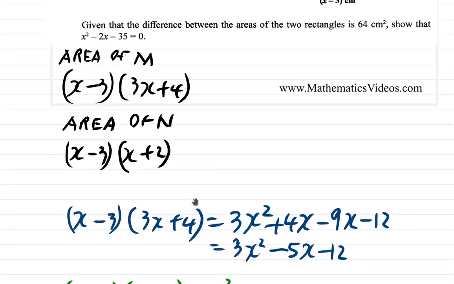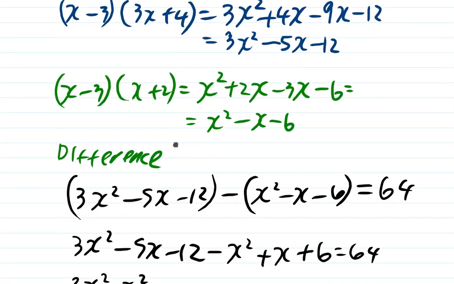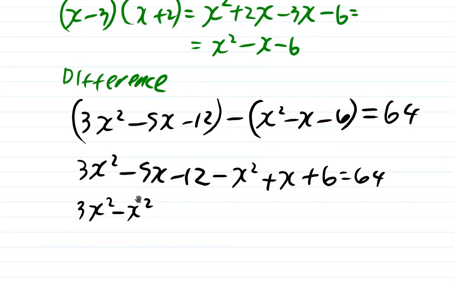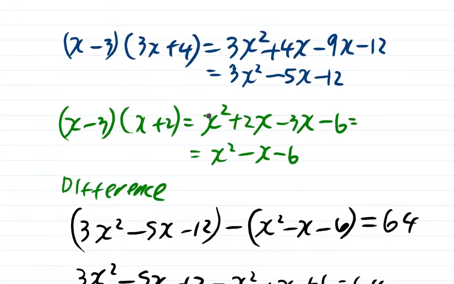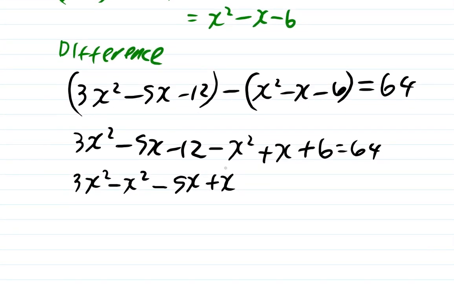X terms: minus 5x plus x. Numbers: minus 12 plus 6 equals 64.